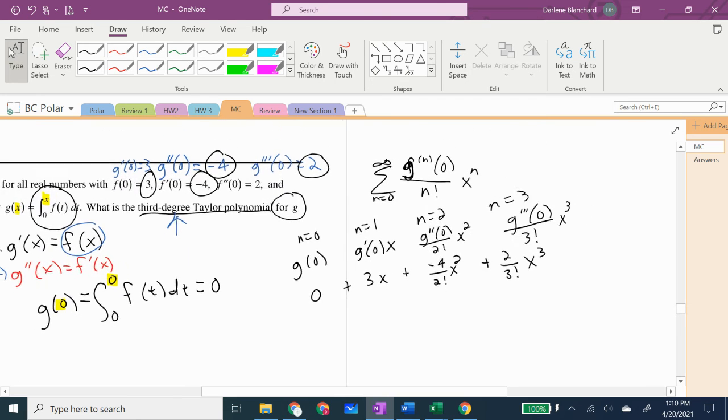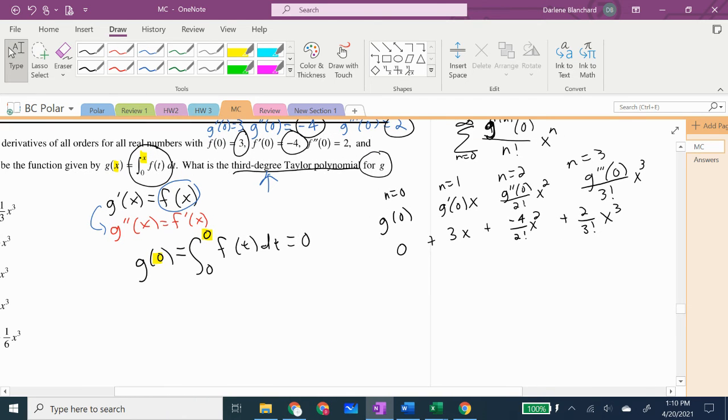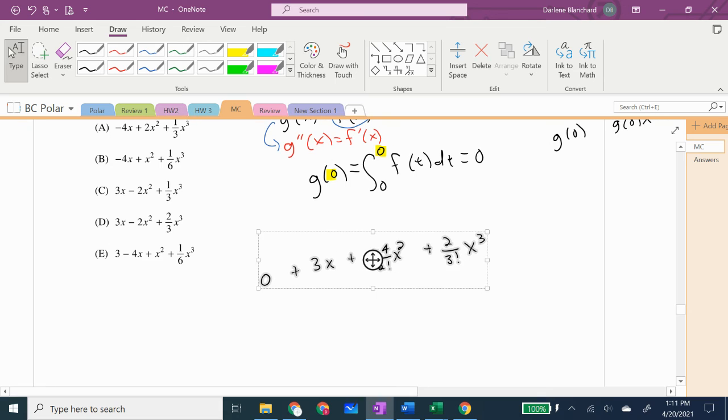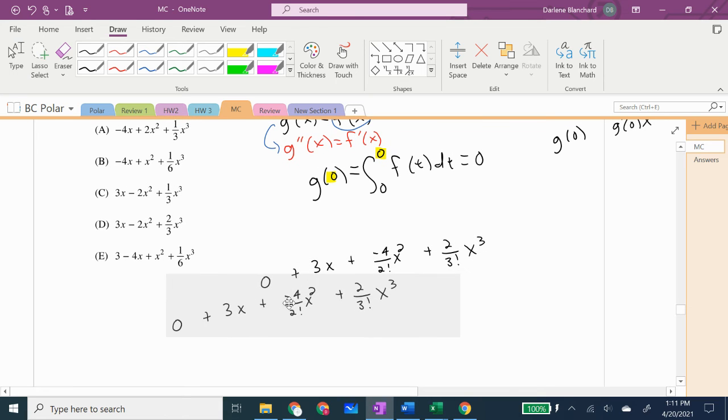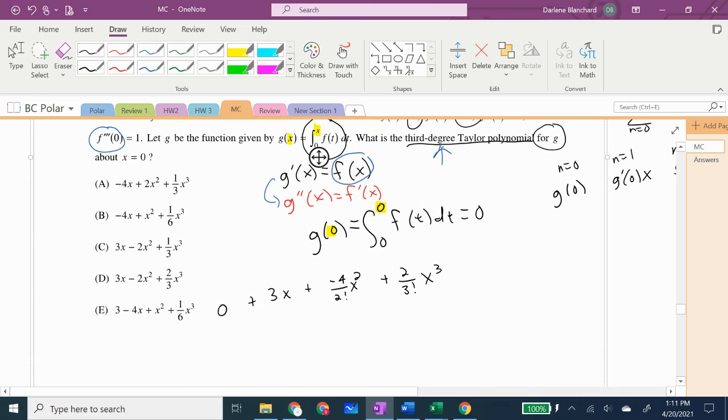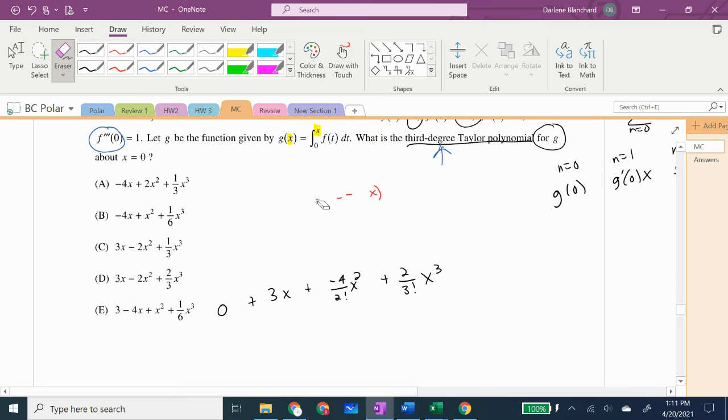And I'm trying to match this up with some multiple choice possibilities. Let's see if I got the whole thing. I'll put it here. I'm going to erase the other stuff so it doesn't get in the way. And now let's take a look.